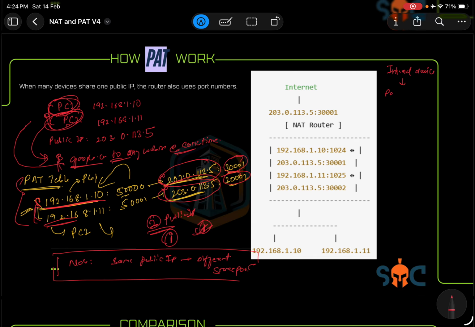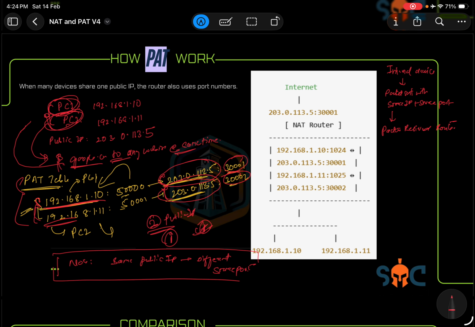Okay, a packet is sent with source IP plus source port.